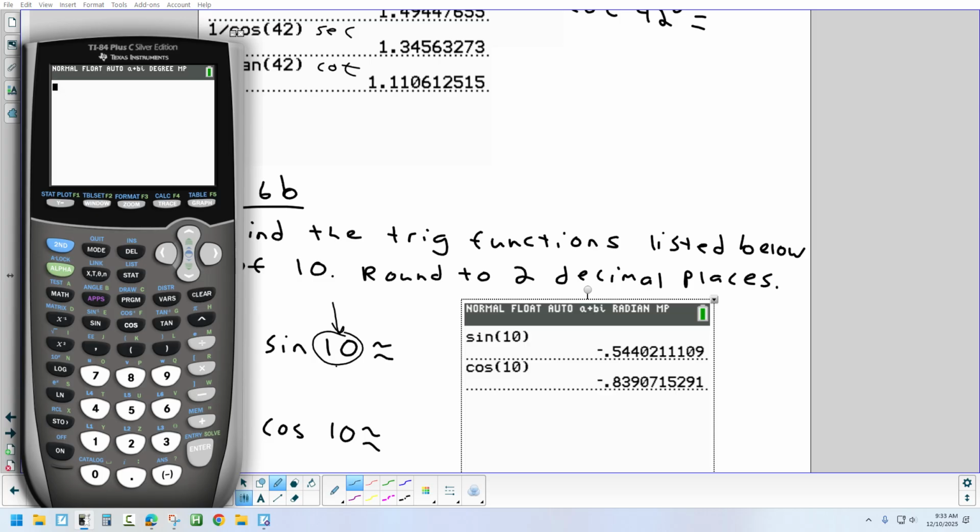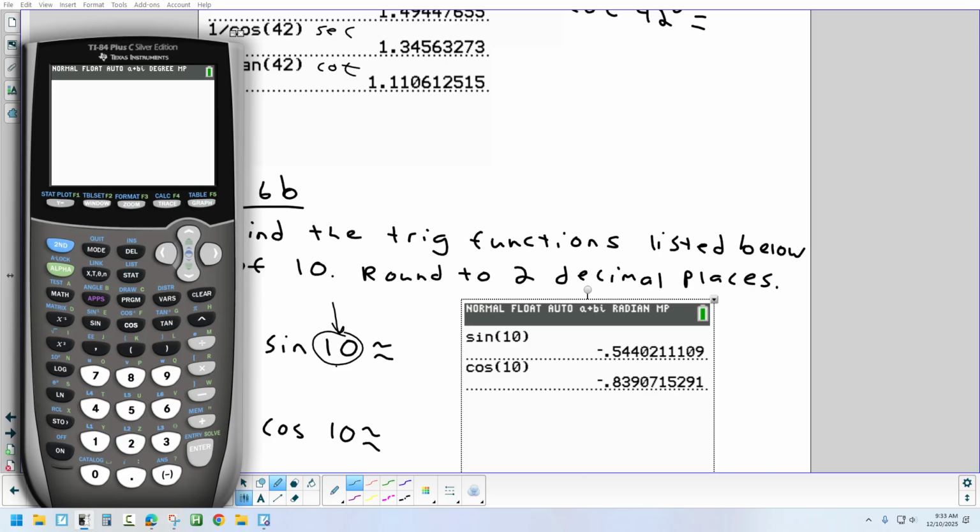What would you multiply 10 by to change it to degrees? Times 180, and then divide by pi. Yep, so multiply by 180 over pi.